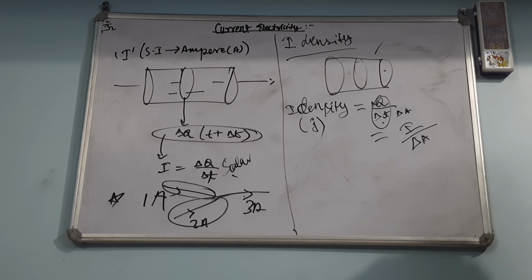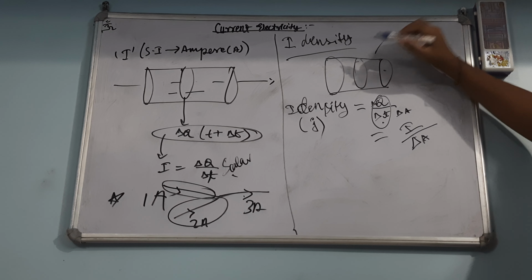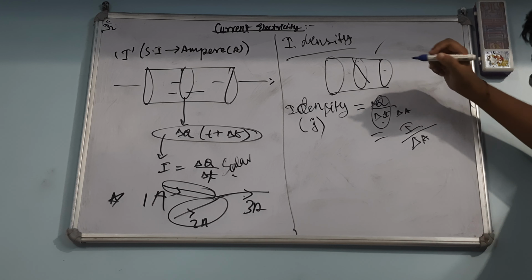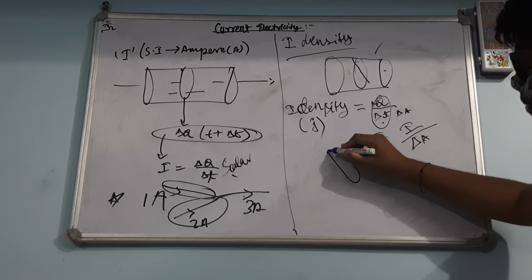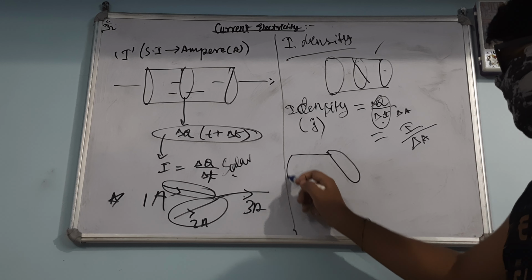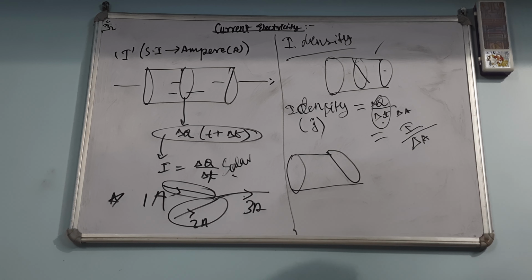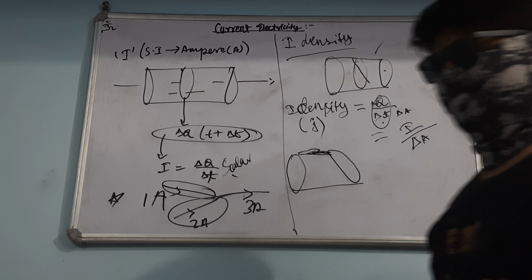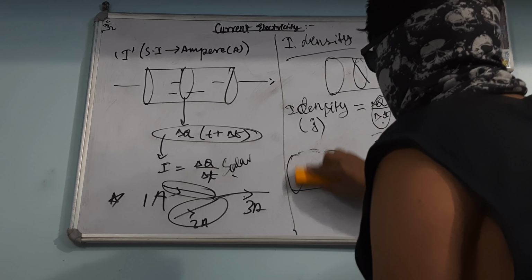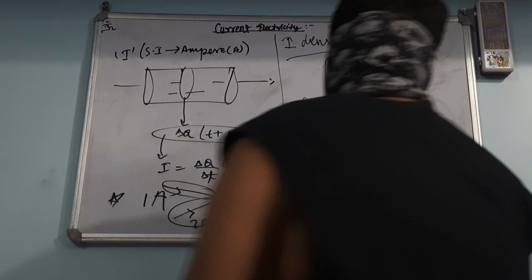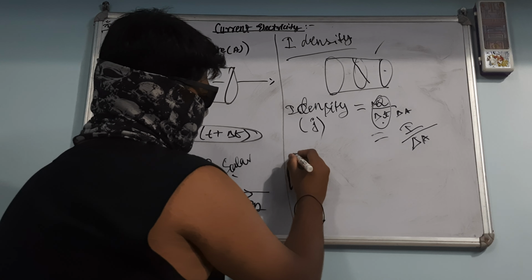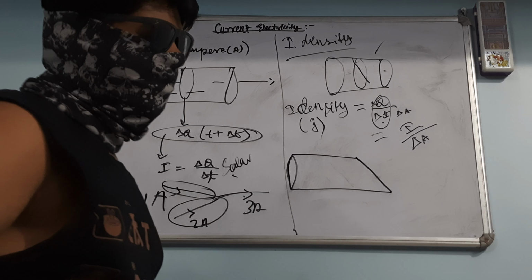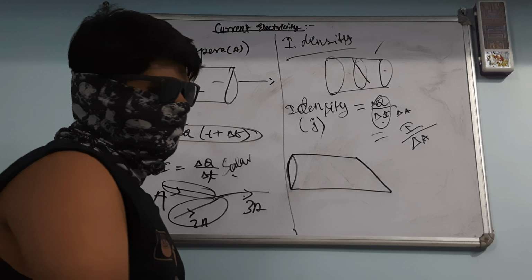Now one important fact: if we take this area like this, if the medium is like this and the current is flowing through this conductor, what is the current density?